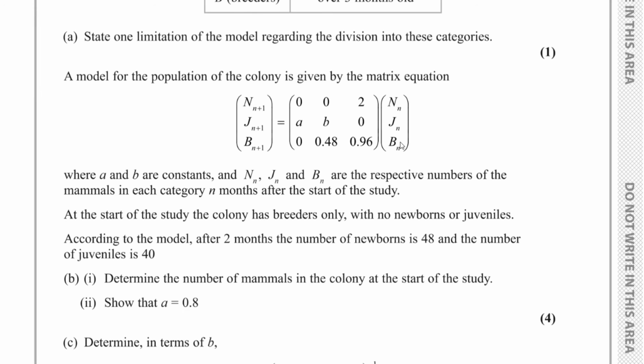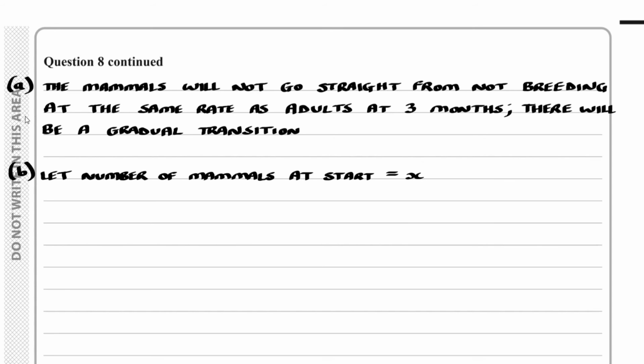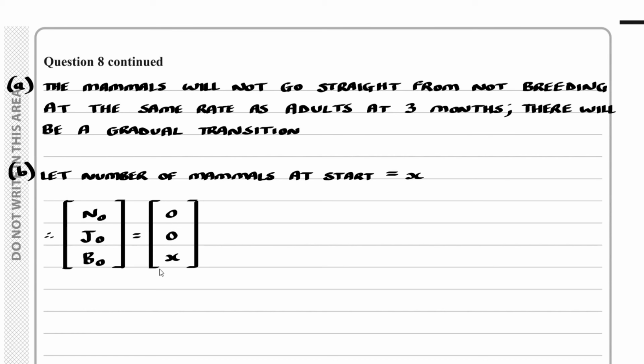So we can define n0, j0 and b0 to equal 0, 0, x. This is just at the start of the study.